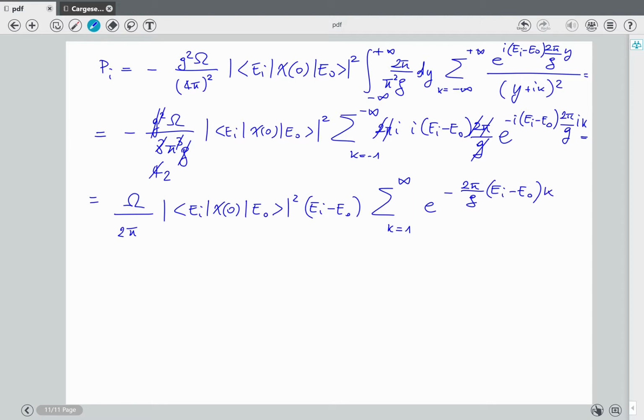Now we can perform the summation because it is a geometric series, and we work out what we call wi, which is the probability per unit time, and that is equal to pi divided by omega.